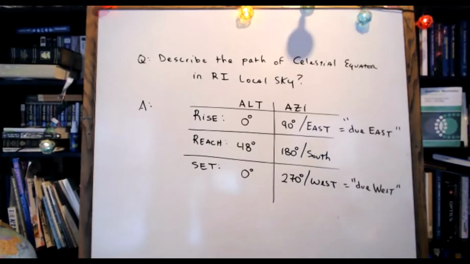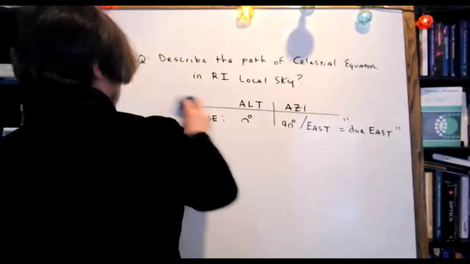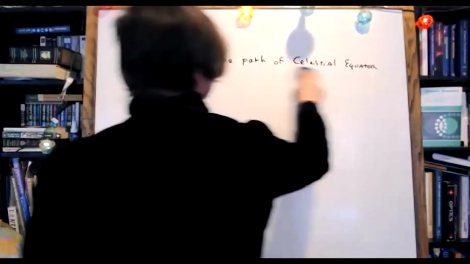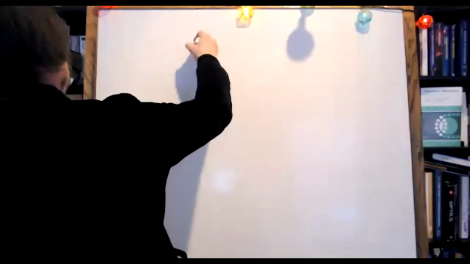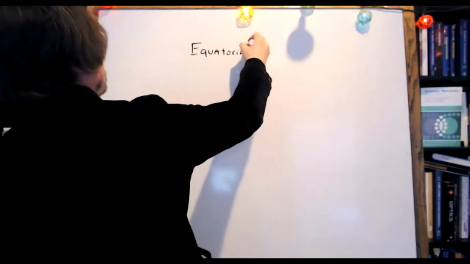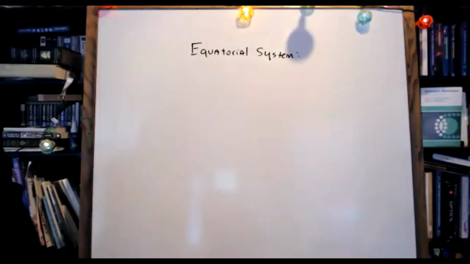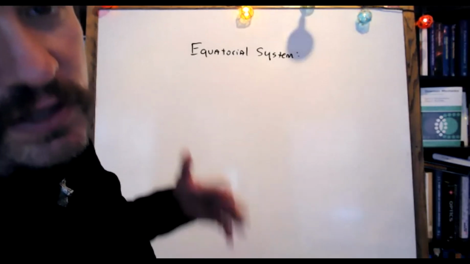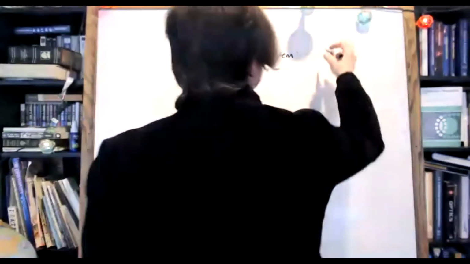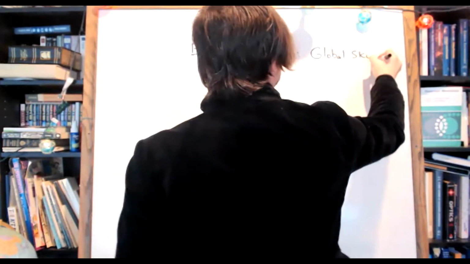All right. Let's learn about the Equatorial Coordinate System. It's latitude and longitude for the sky. Unlike the horizon system, which is a local sky coordinate system, the equatorial system is a global sky coordinate system.